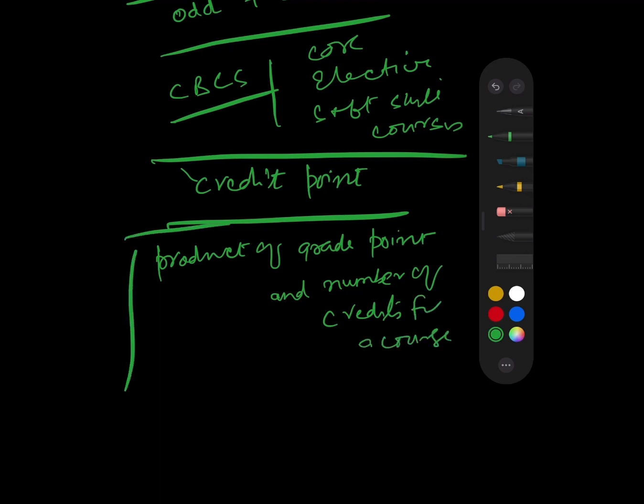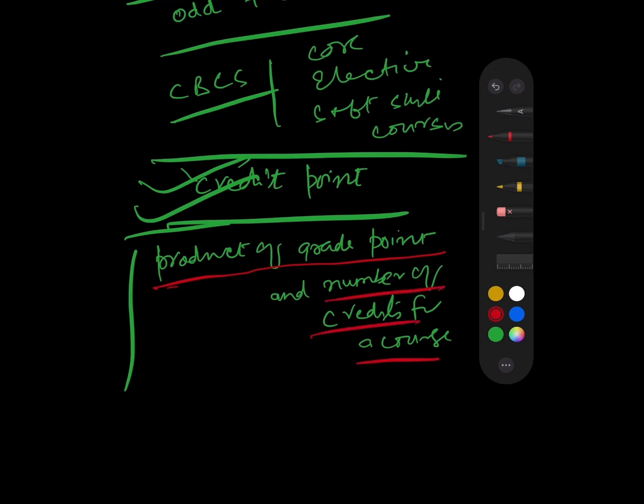I'll take one example and explain it to you. First, you just try to understand the term credit point. What is this credit point? Credit point is the product of grade point and number of credits for a course.